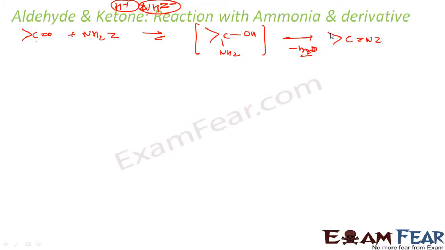Right? So we'll see one example. For example, I have an aldehyde here, and it reacts with NH2 instead of Z. Let's have OH here. This is called hydroxylamine. This happens in the presence of acid, obviously. So in this fashion it goes, and here NH2OH, if you see, is nothing but NHOH minus and H plus.